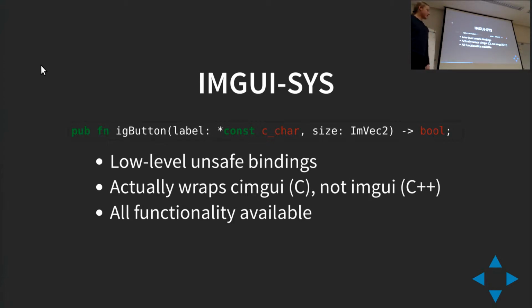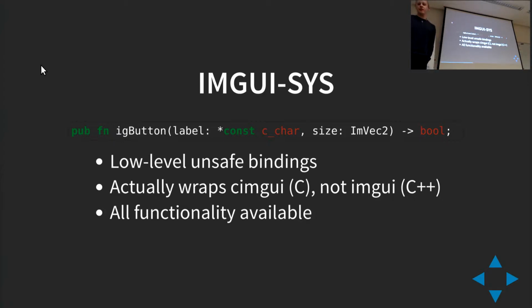It actually grabs this cimgui library, which provides a C-compatible interface, so not directly the C++ Dear IMGUI library. So there's one level already beneath there. And all functionality should be available. If it's not, it's a bug. cimgui has been sometimes a bit lazy to implement new features, but they are much better nowadays.